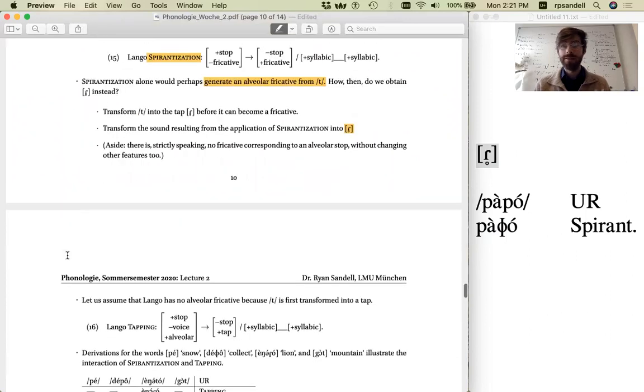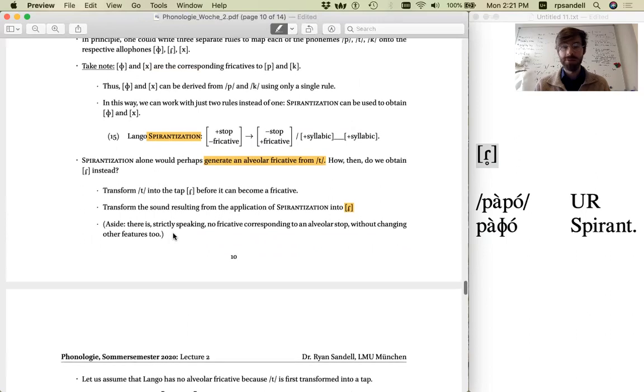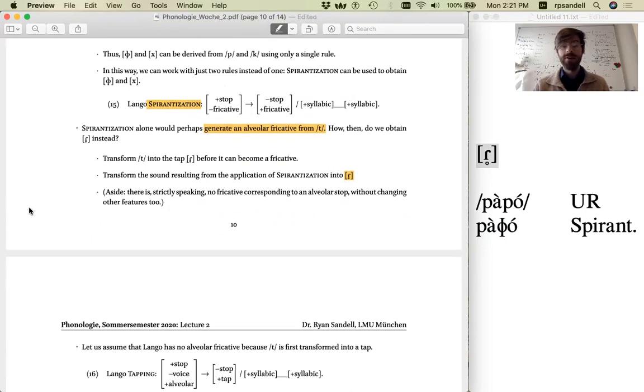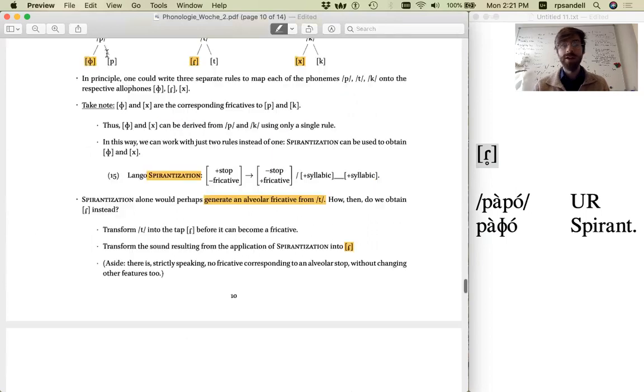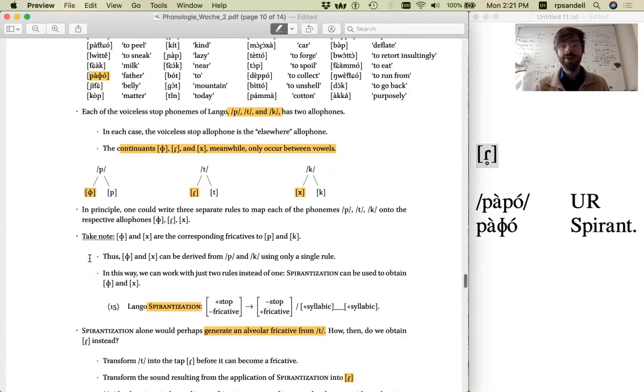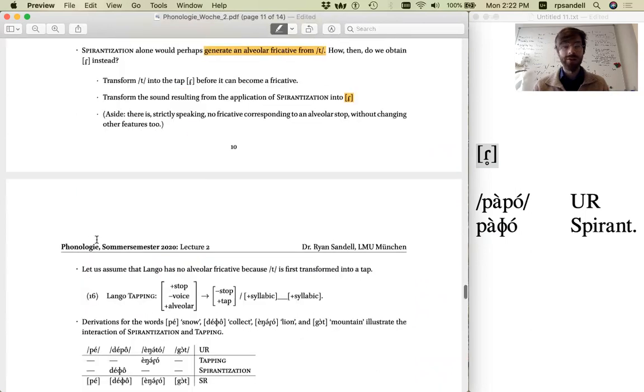So let's assume then, precisely because of this problem, that Lango has no alveolar fricative because an underlying alveolar stop is first transformed into a voiceless alveolar tap.